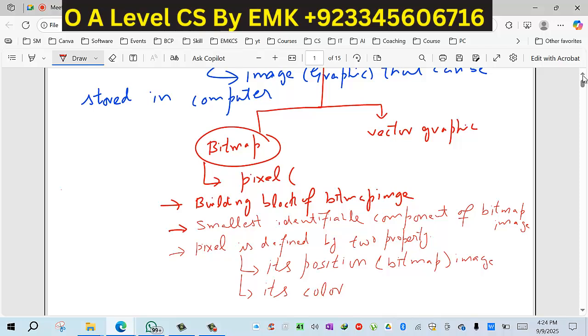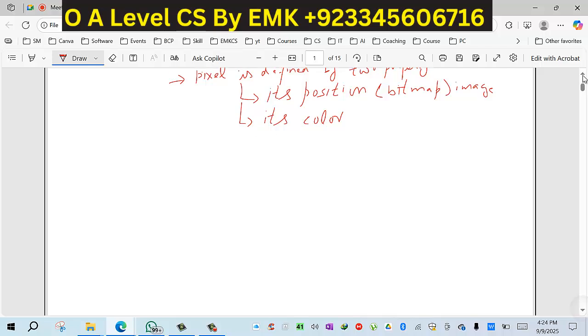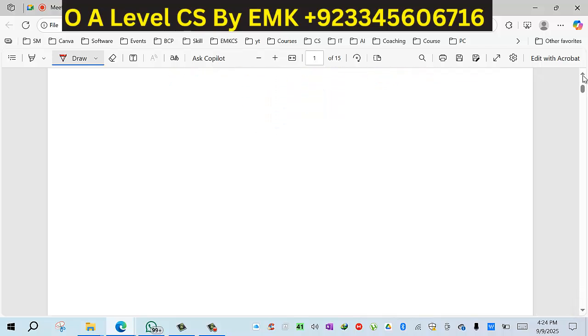अंडरस्टूड? ओके। सो आपको ये चीज़ क्लियर होगी कि जो बिटमैप इमेज हमारे पास हैं, those are images that are made up of pixels. अगर हम इनकी बात करें, if you talk about its use, डिजिटल कैमराज में इनको यूज किया जाता है.